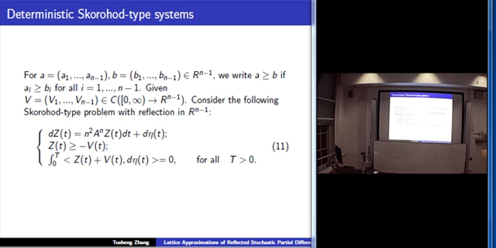We look for a solution z which satisfies this ODE and stays above this barrier. Here the only data given is the barrier. Okay? So we look for a solution.